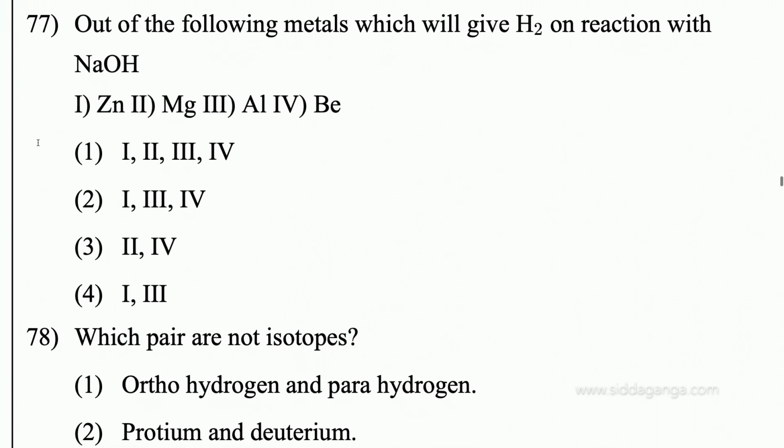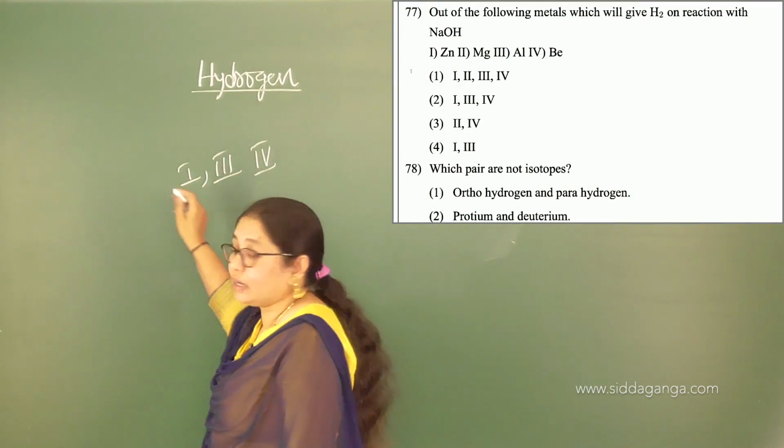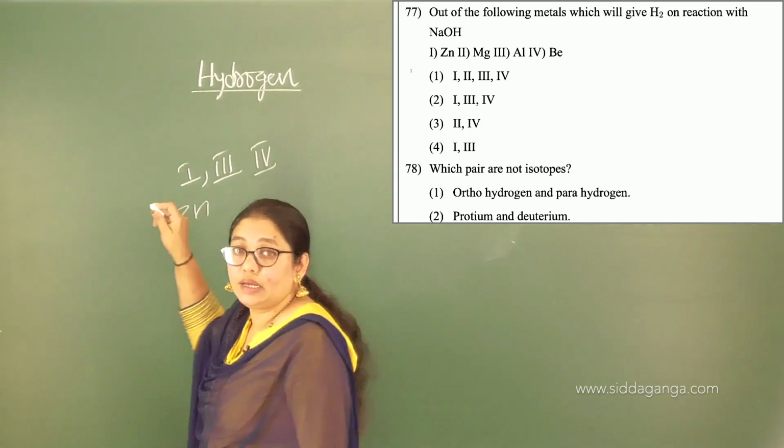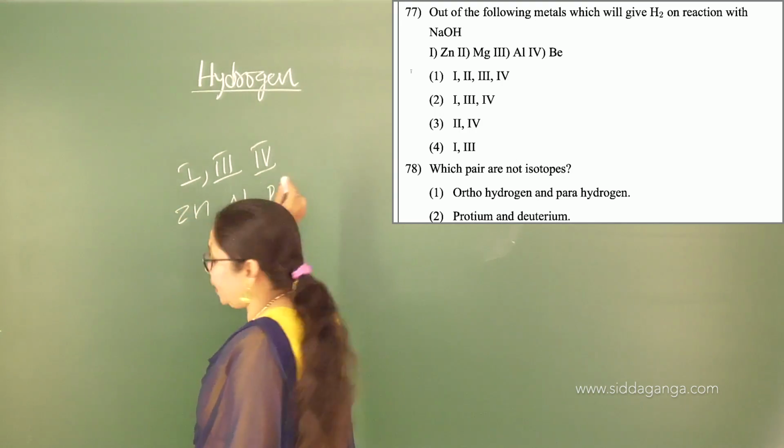Out of the following metals, which will give hydrogen on reaction with sodium hydroxide: zinc, magnesium, aluminum or beryllium? The answer for this one is the second option, 1, 3 and 4. 1 is zinc, 3 is aluminum and 4 is beryllium.